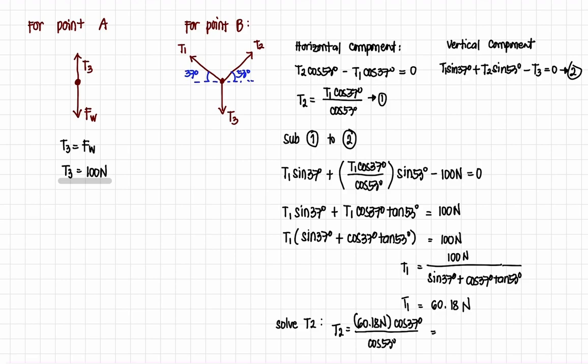That's equal to, again, solve using your calculator. And make sure that you're using the exact value, not the rounded off value. So you'll be able to get 79.86 newtons.